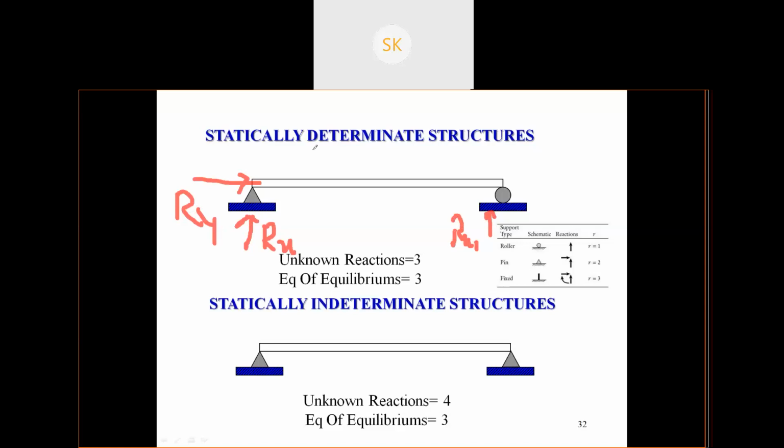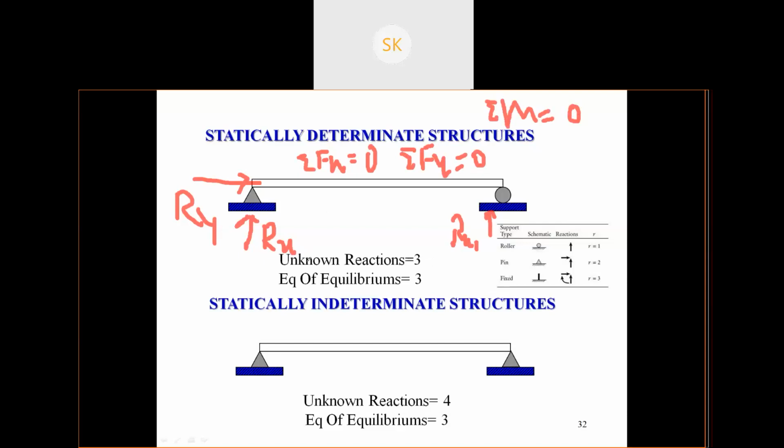And what are the equations of equilibrium we have? Summation of Fx equals 0, summation of Fy equals 0, and summation of M equals 0, right? So the number of unknown reactions is 3.